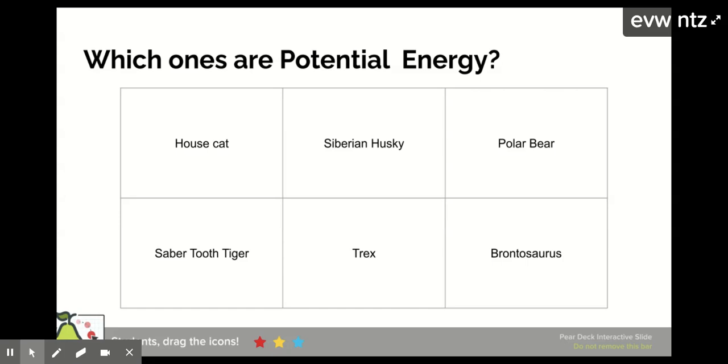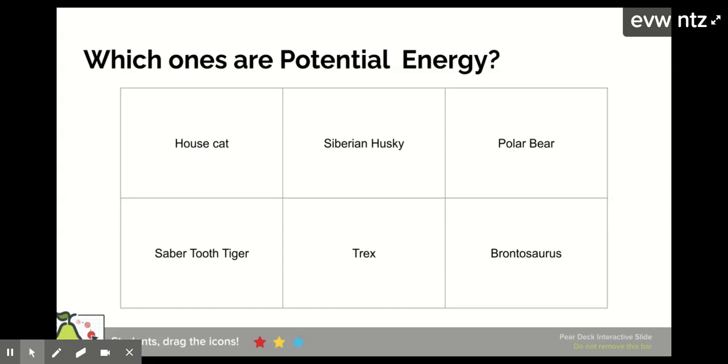Correct, that is extinct, thankfully. What about a polar bear? Good, a polar bear is not extinct, but they are on the endangered species list. What about a brontosaurus? Correct, yes, a brontosaurus. It's what is known as a long neck, if you ever watched any of those movies. Yes, those are extinct. It is a type of dinosaur.